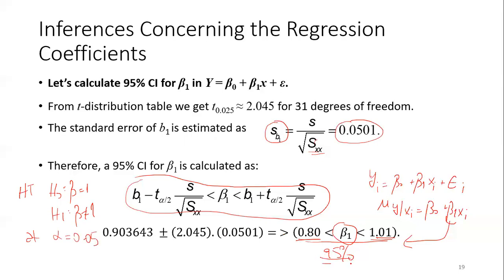Then by just looking at this confidence interval, you can say that I cannot reject the hypothesis, I do not reject H0, since 1 is in the confidence interval given there.